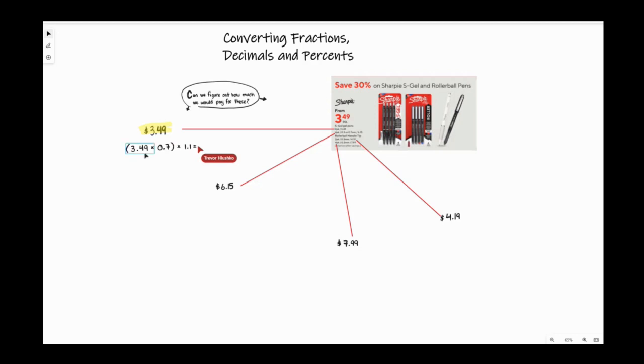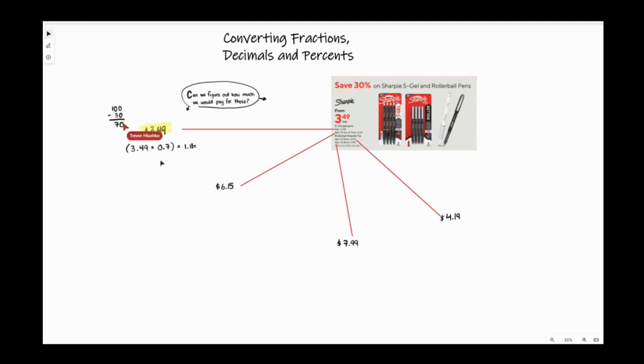Now, let me explain this. Oh, sorry, I missed a number 2. 3.49, that's our original price, times 0.7. And I use 0.7 because 100 minus 30, which is our discount, is going to give me 70.